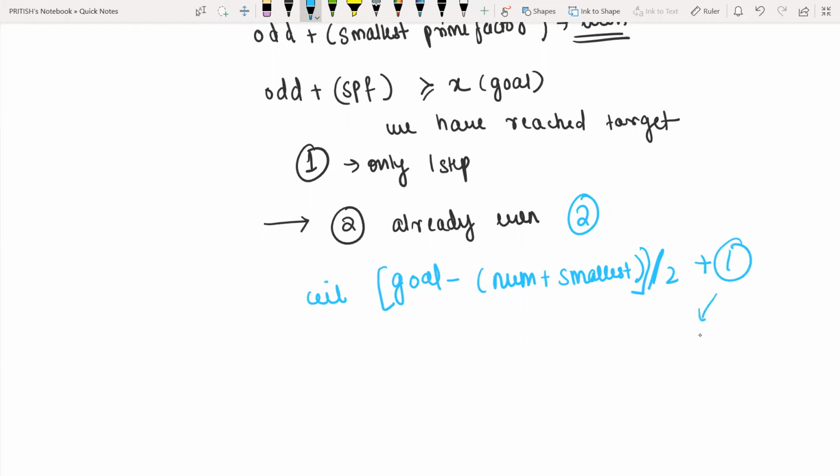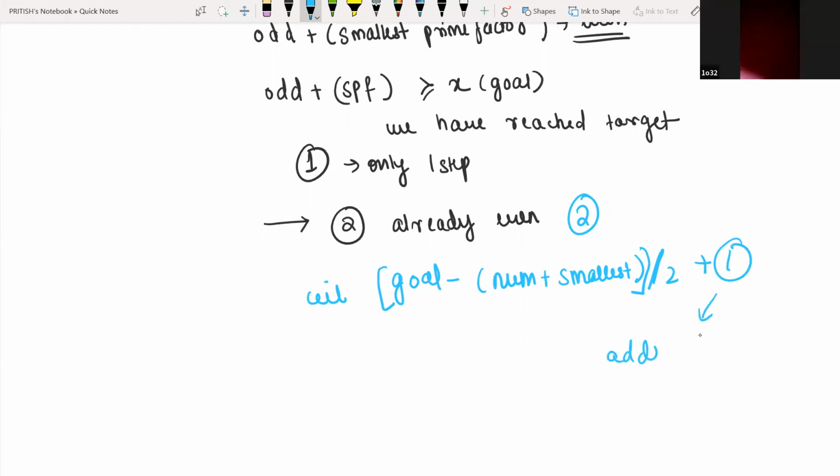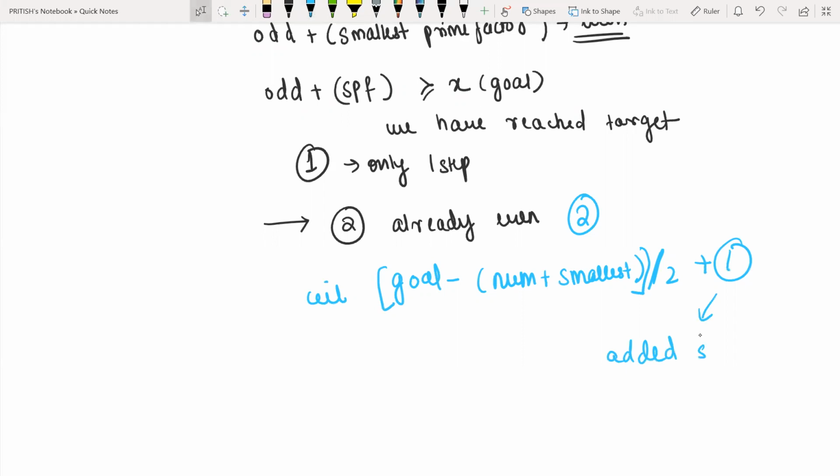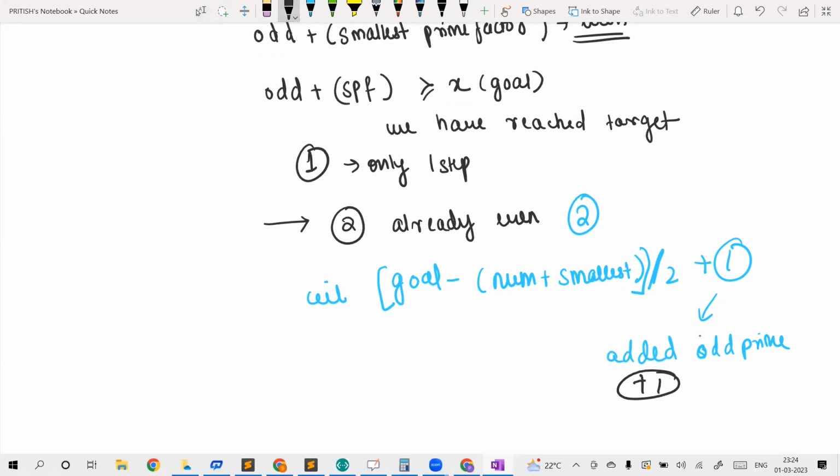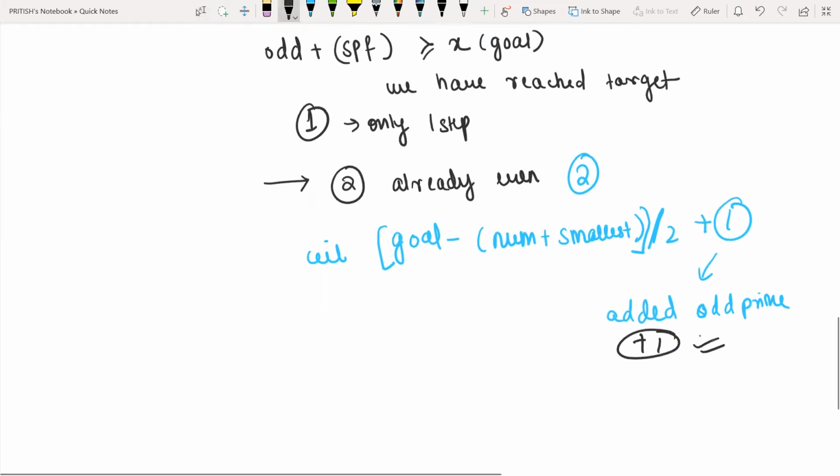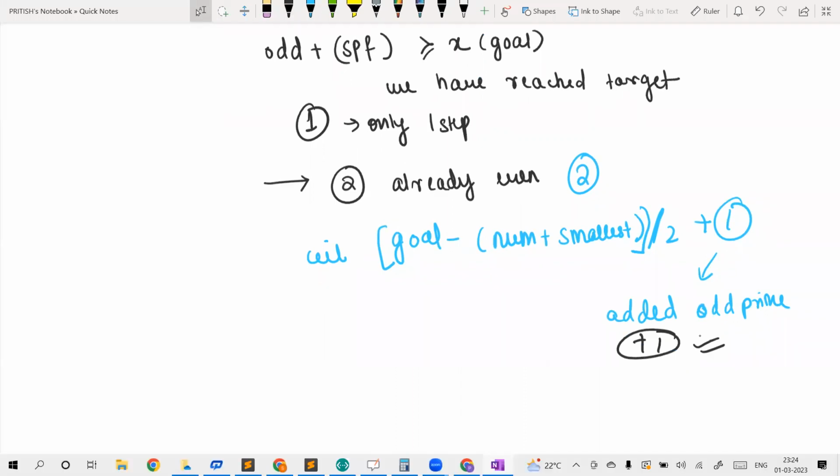Why plus 1? Because we have added the smallest prime. We have added an odd prime number. Thus, for this, we have to make a plus 1. So I am just showing the code for more clarity.